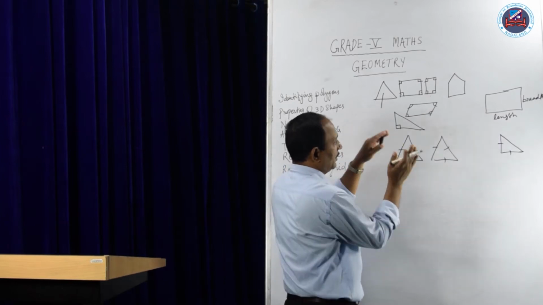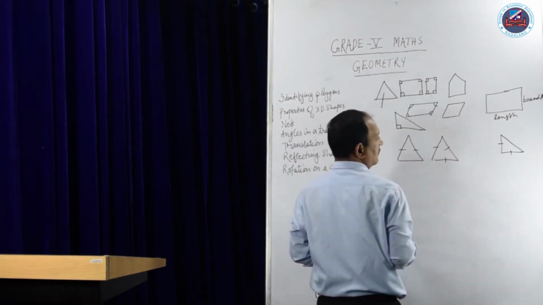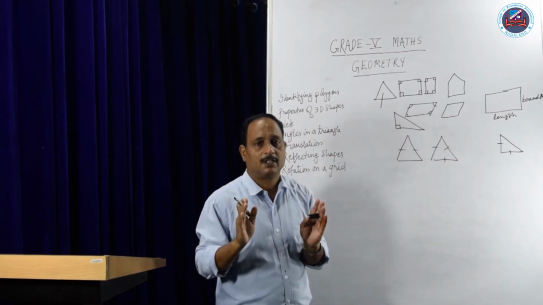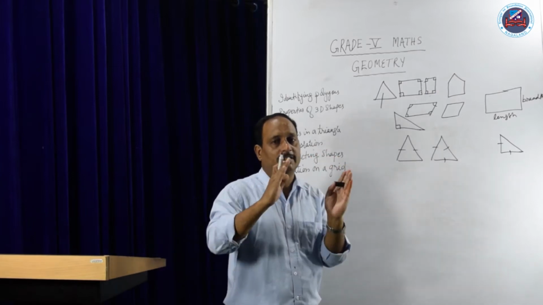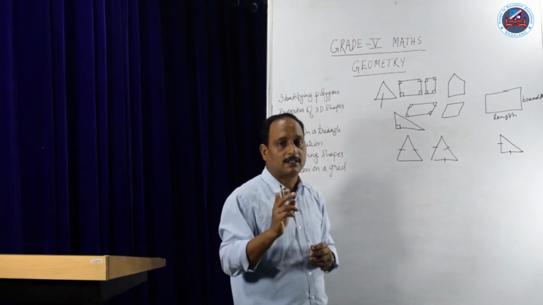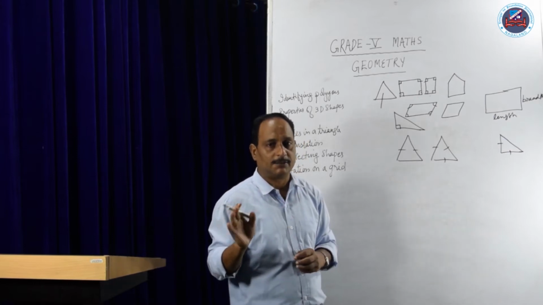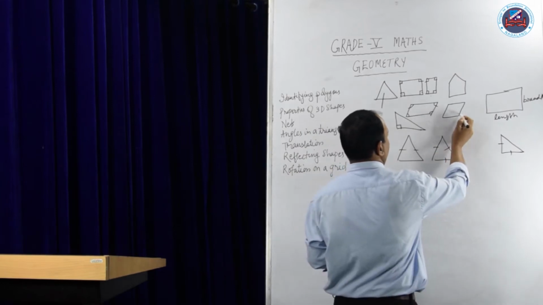Now this square, when you bend it slightly, is called rhombus. When it is in the square shape, all the angles are 90 degrees, but when it is bent a little, it becomes rhombus, and in rhombus none of the angles are 90 degrees. It will be of a different shape.